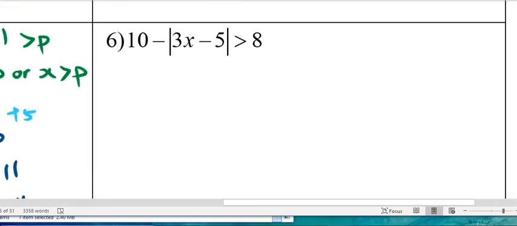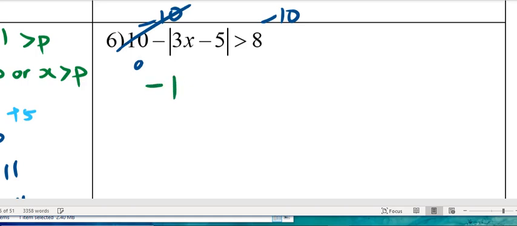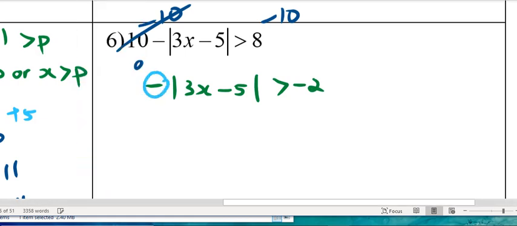So you got 10 here, so minus 10 both sides. You have 0 here, so end up you have negative 3x minus 5, negative 2. Again you still have a negative here, so first of all, change the symbol before you divide by negative 1.